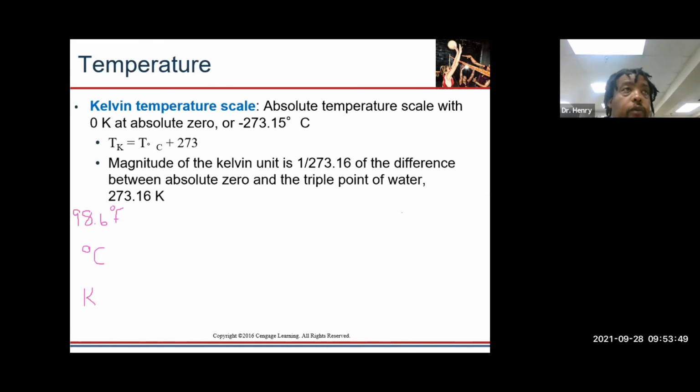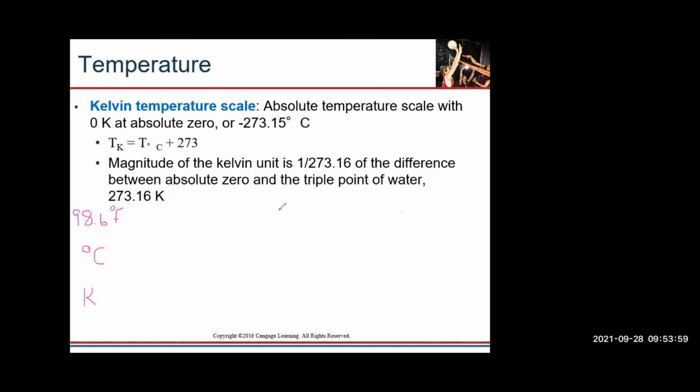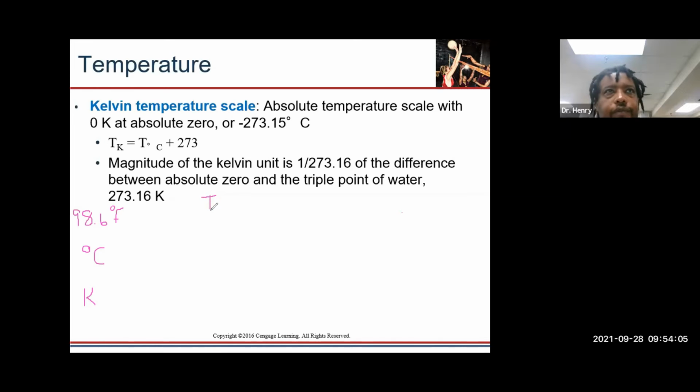So if we're going to do that, which equation are we going to use to change from Fahrenheit to Celsius? Degrees Celsius equals temperature Fahrenheit minus 32 over 1.8. Okay, so TC equals TF minus 32 over 1.8.